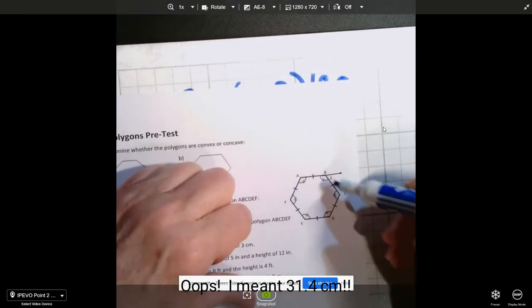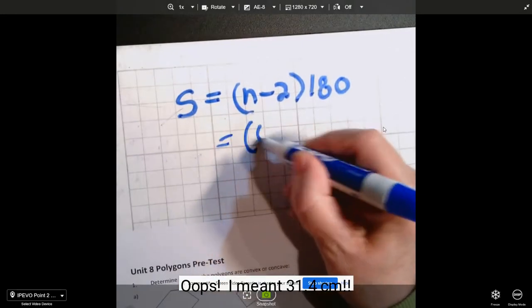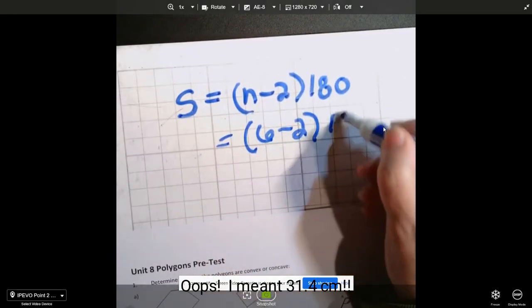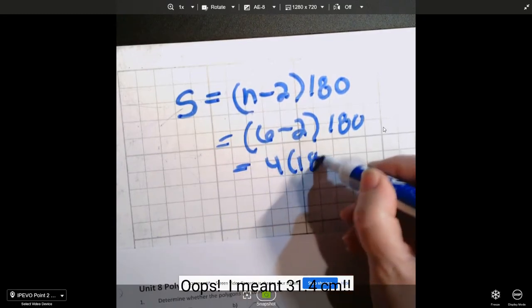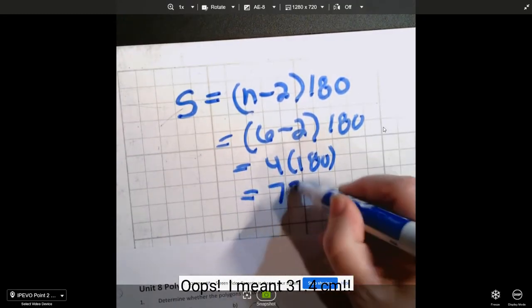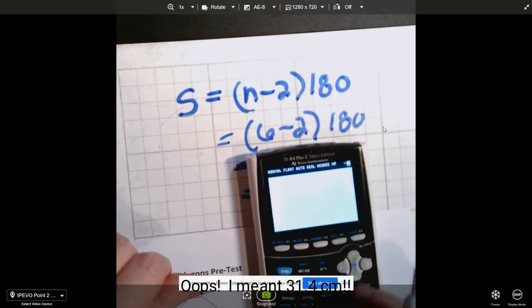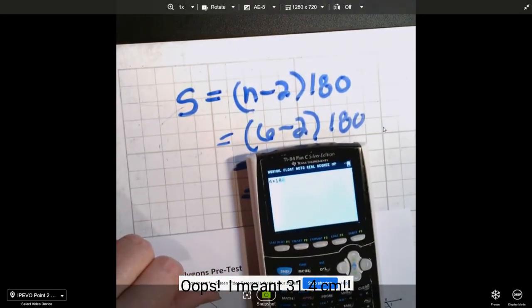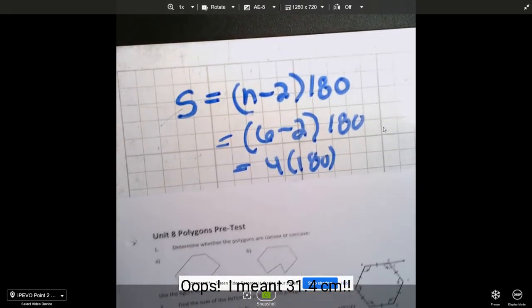So I've got 1, 2, 3, 4, 5, 6 sides. So this would be 6 minus 2 times 180, which is 4 times 180, which is 720, right? 4 times 180, 720. So that would be the answer to number 2.